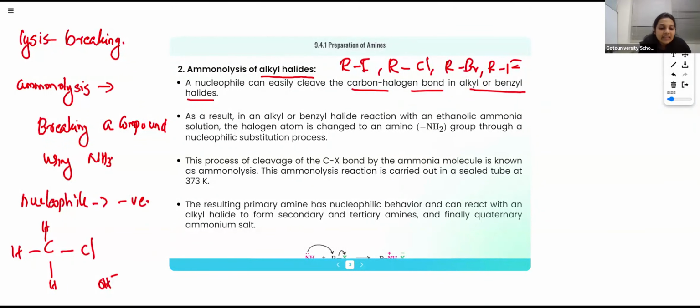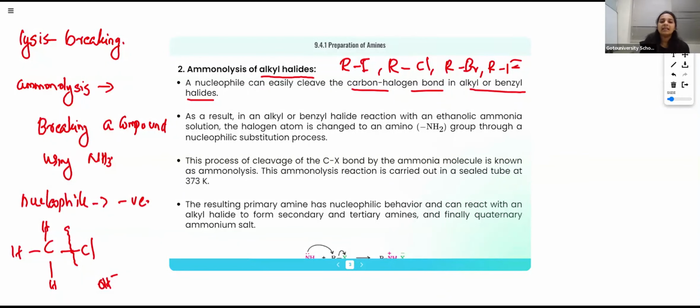This can easily cleave the bond between the alkyl group and the halogen. The alkyl group is actually the carbon; CH3 is the alkyl group. But which bond are we breaking? The bond between carbon and the halogen. So when the nucleophile attacks, it breaks this bond, and then converts it to some desired product.